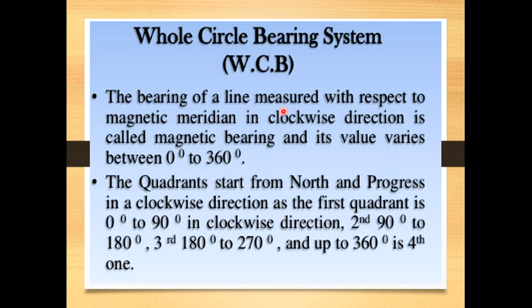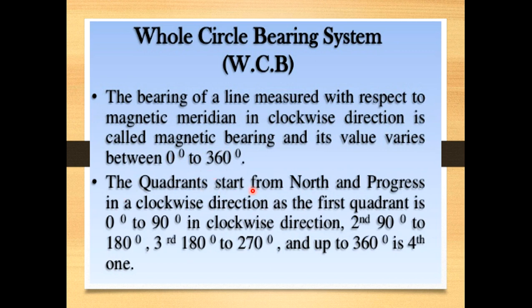The bearing of a line measured with respect to the magnetic meridian in clockwise direction is called magnetic bearing, and its value varies between 0 degree to 360 degree. Means whole circle bearing varies from 0 degree to 360 degree.